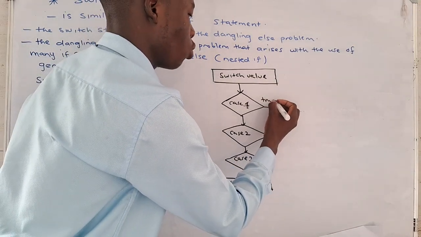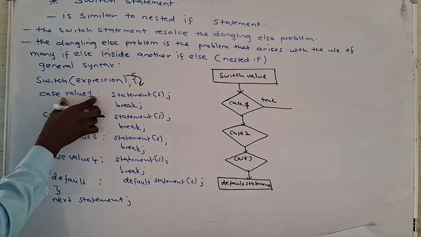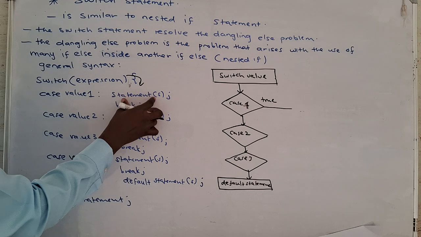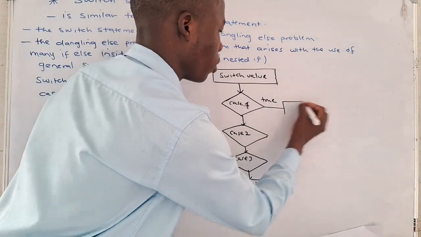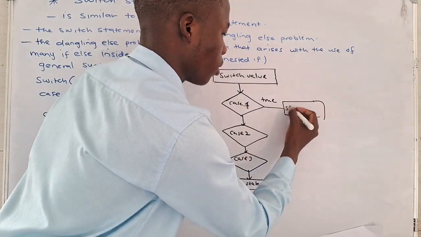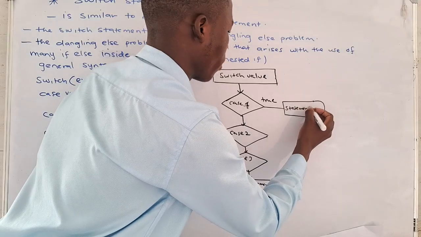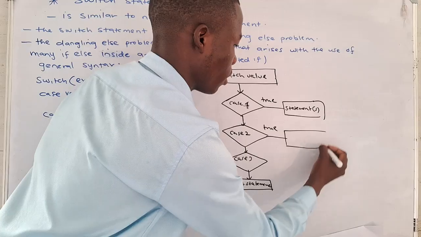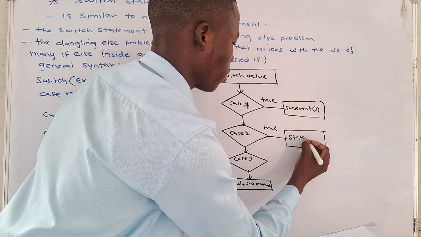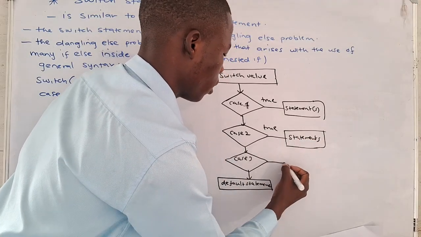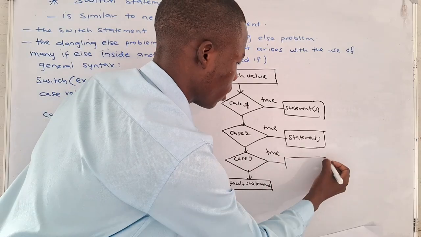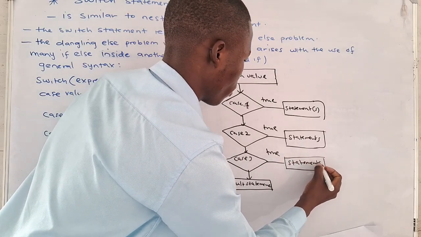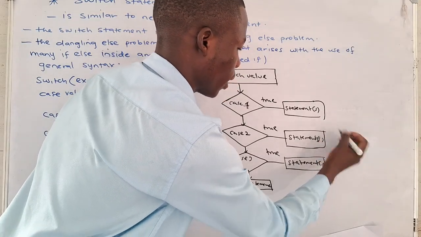If case value 1 is matching with the switch value, these statements are going to be executed. Again, if this is true, statement or statements, it's okay. If this is true, statements or statement.